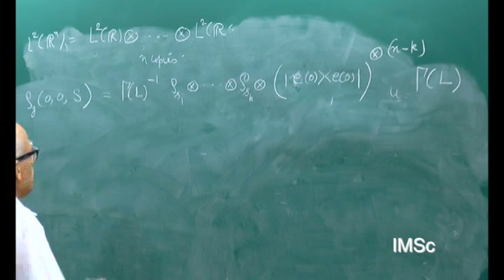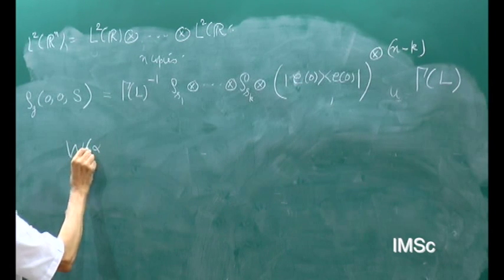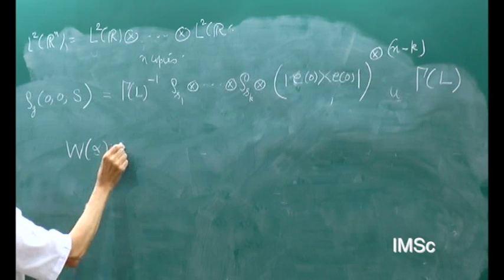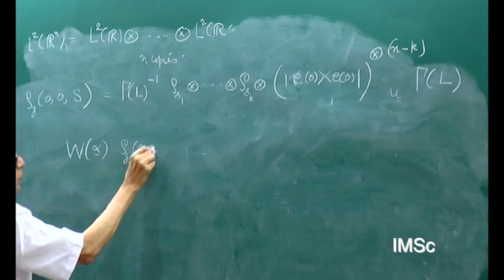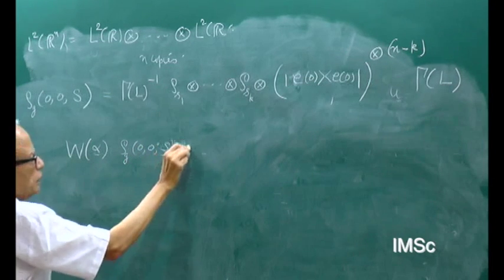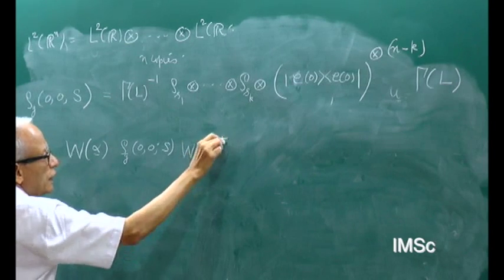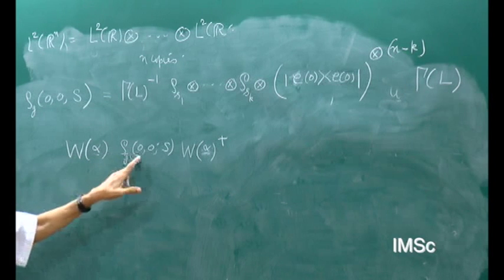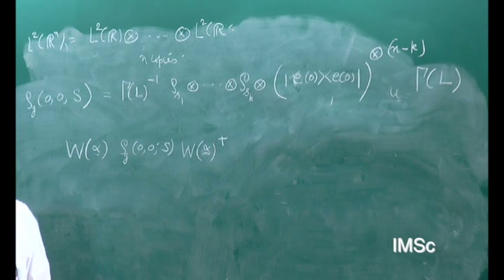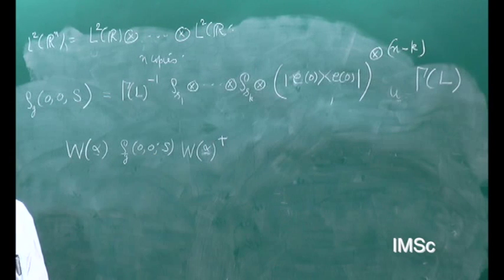And to get arbitrary means, you simply have to translate by the Weyl operator W alpha, conjugating rho with covariance [G 0; 0 S] by W alpha. By choosing alpha properly, you can reach any arbitrary mean, because this won't touch the covariance matrix.